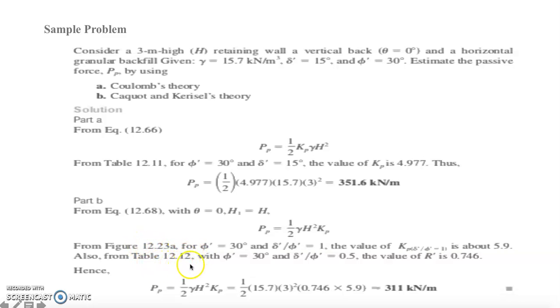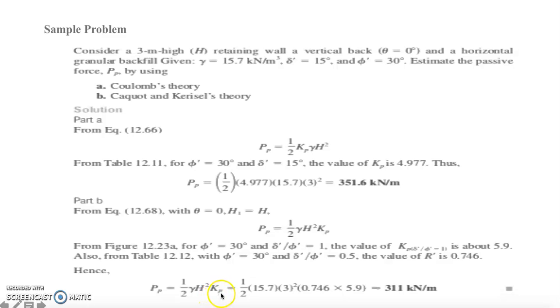And from table 12.12, we have the value of our reduction factor, which is 0.746. And basically, using those values of our parameters, you substitute them to this equation so that we can have our value for the passive force.